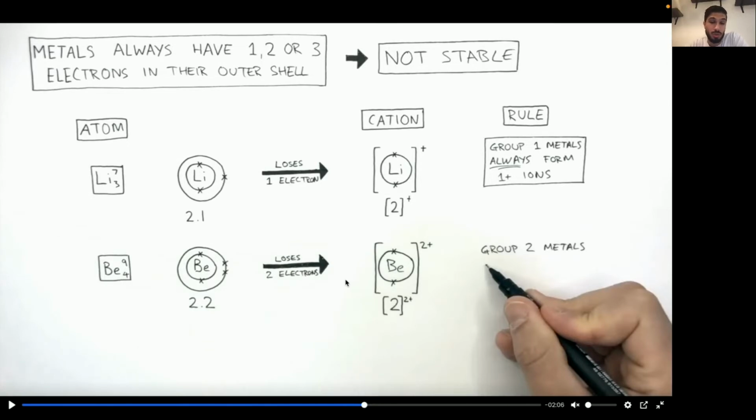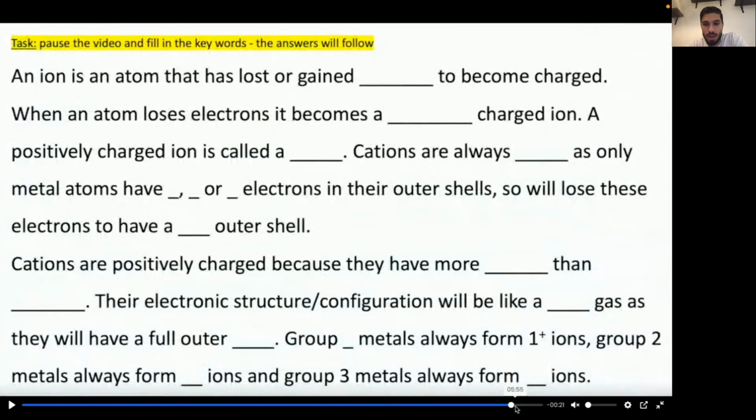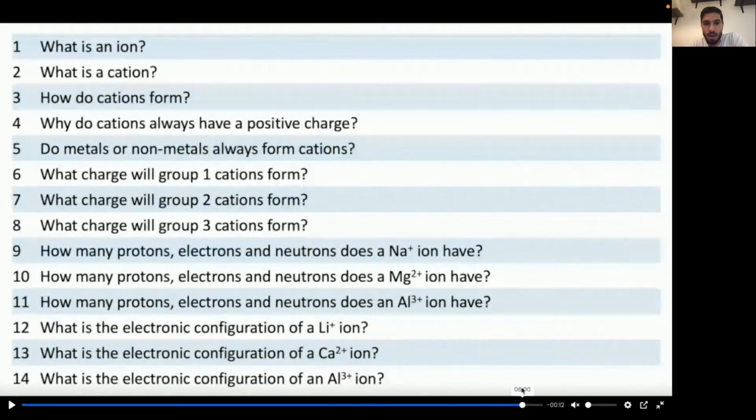Now look at this, this is the language you need to use: a beryllium atom loses 2 electrons, so there are now 2 more protons than electrons to cause the charge of 2+. That's literally the language you need to use. In these videos, we have gap fills to help you and exam questions if you ever want to practice.